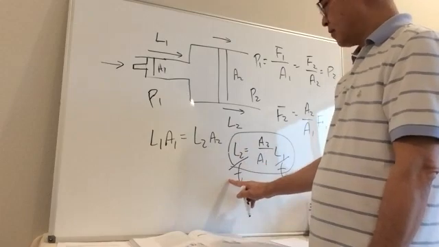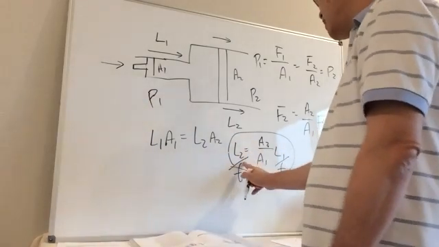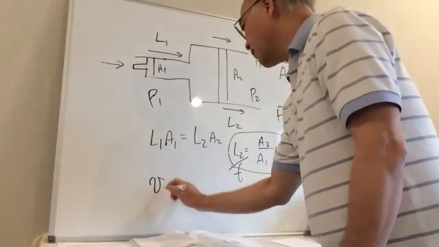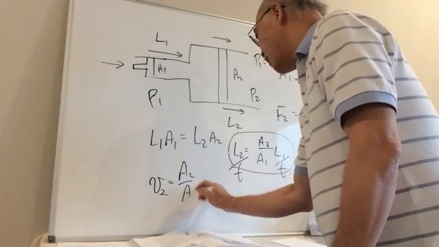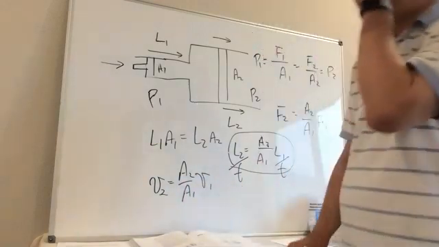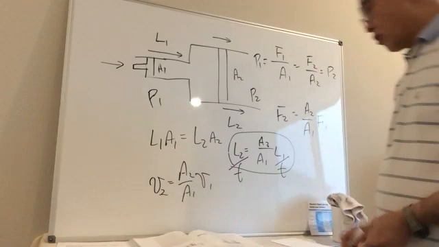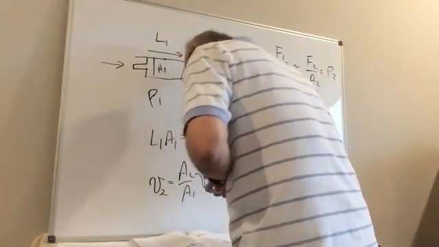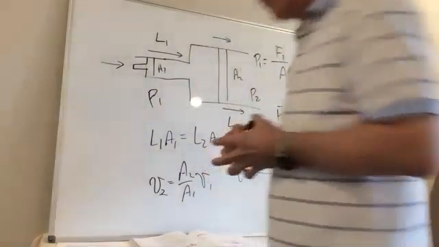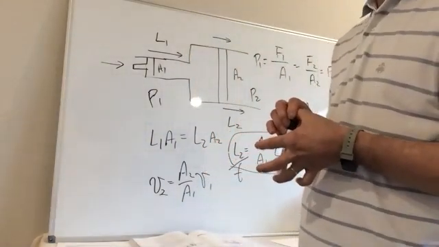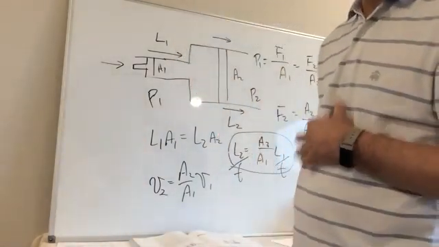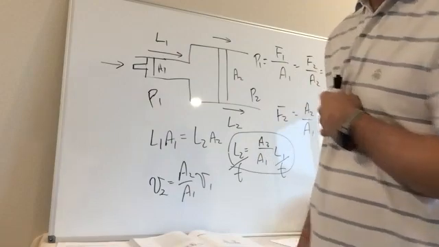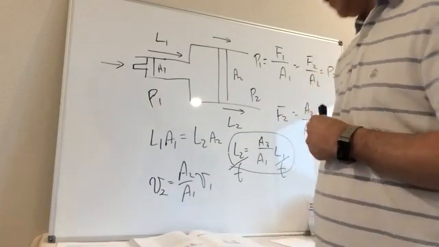So velocity 2, V2, is going to be equal to A2 over A1 times velocity 1, V1. So when you look at that equation at the bottom middle of page 324, do not mistake that with the volume. That is not the volume, that is the velocity, okay?